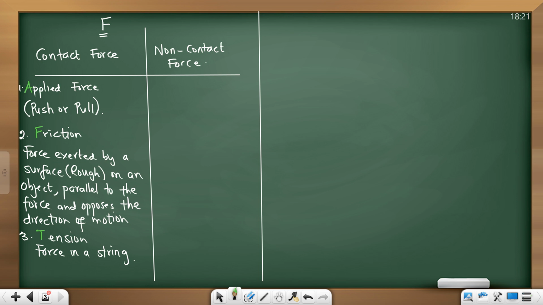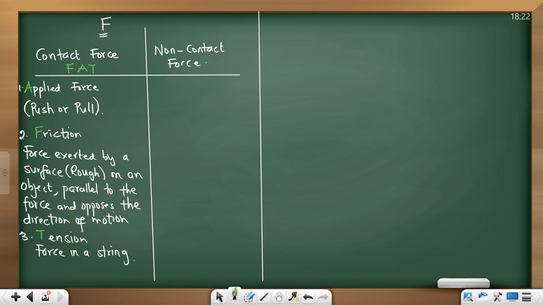Third. After. How? 3 letters. AFT. Somebody mentioned something now. Fat. F-A-T. Friction, applied, tension. Those forces are contact forces. It's going to help us later. You would see why fat is important. When I say contact forces, they are fat forces.